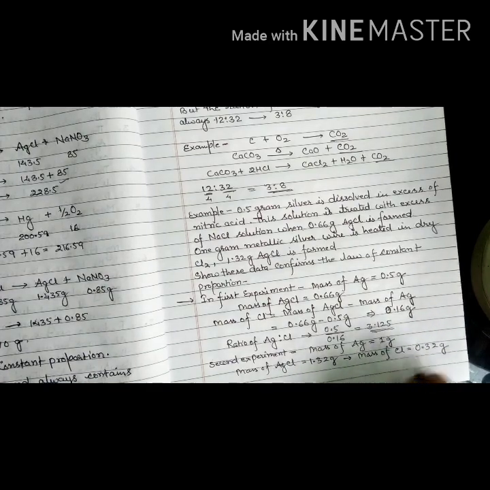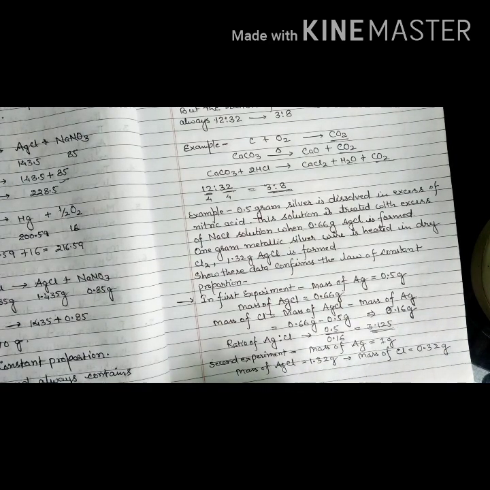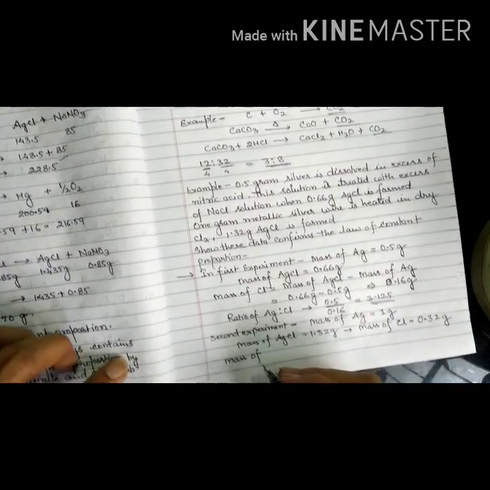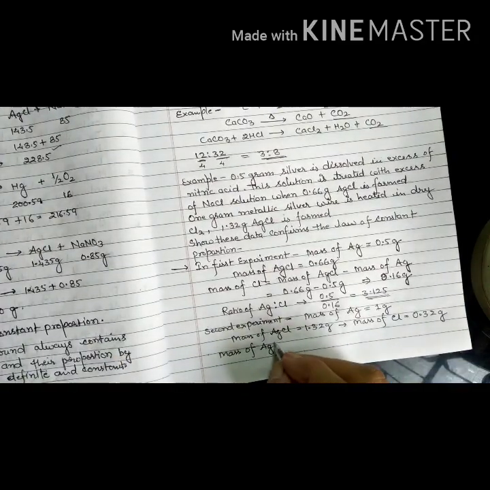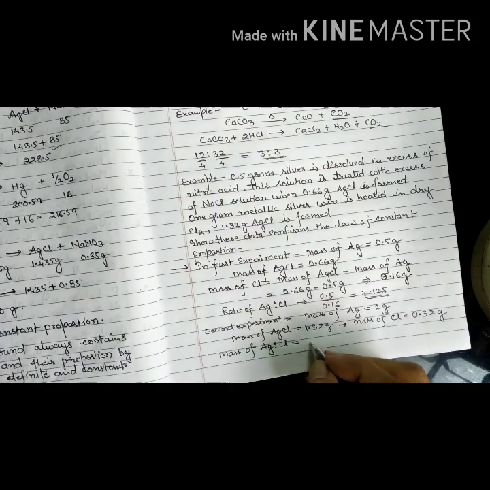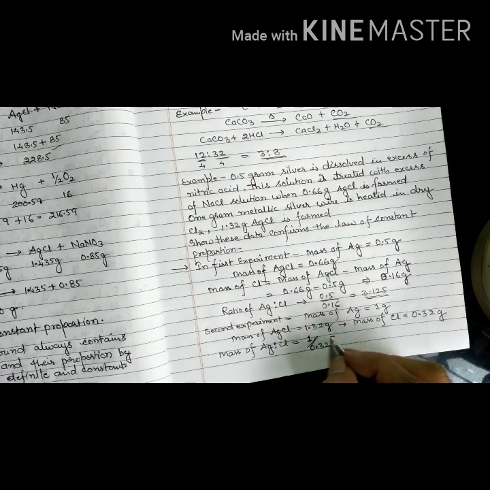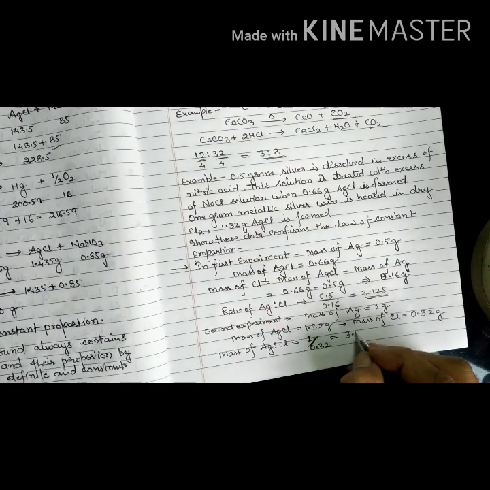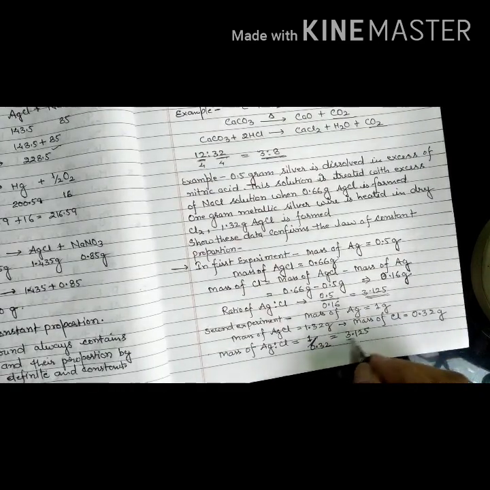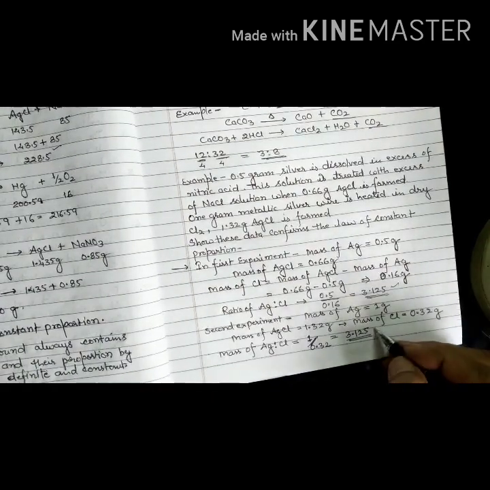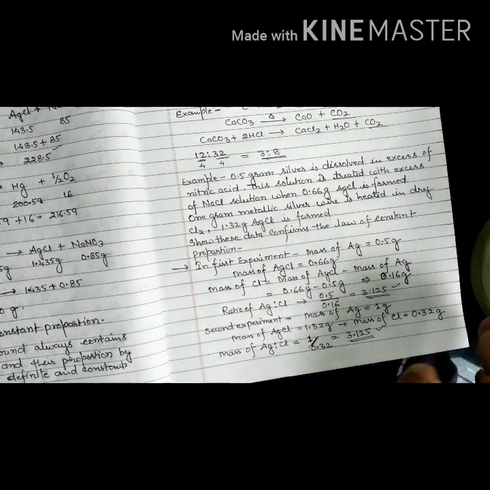Now again we have to compare the ratio of silver and chlorine. Mass of Ag to Cl is 1 upon 0.32, and this comes to 3.125. Again the ratio we obtain is the same as in the first experiment. So this confirms the law of constant proportion.